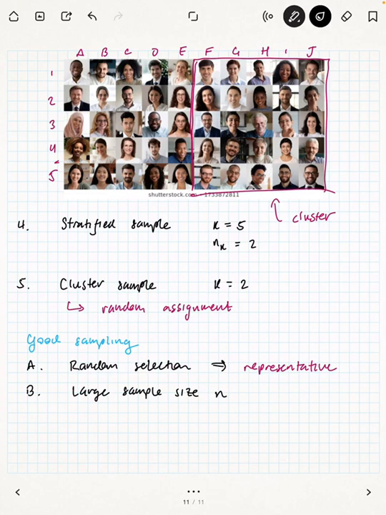Of course, sometimes it's impossible to get beyond 100, 1,000 people, and it all depends on your budget. It depends on the people that you're working with, so your team and time. Maybe you have to submit your project by a certain deadline, and you just can't sample more people.